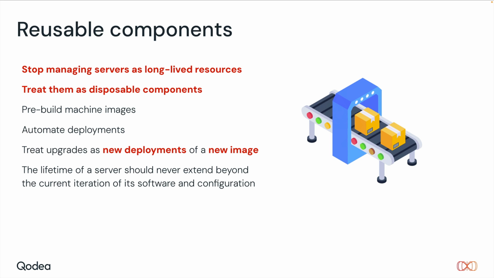When we need to make a change to a running server, we don't actually modify the server in situ. We instead update our machine image and begin another automated deployment, thereby treating upgrades as brand new deployments of the latest image. If done successfully, this means that the lifetime of a server should never extend beyond the current iteration of its software and configuration.